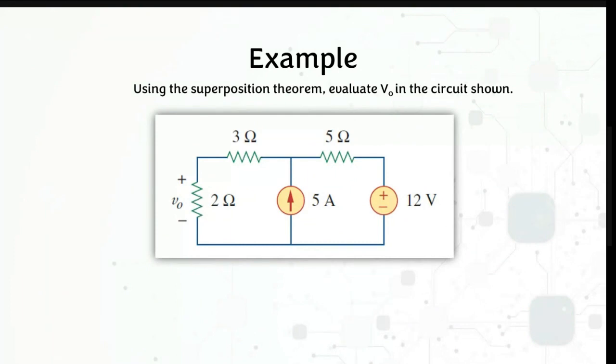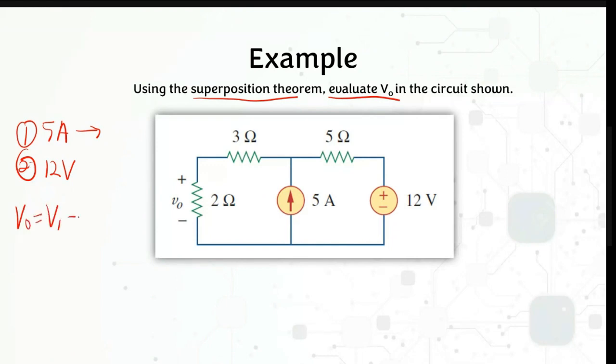For this example, the question asks you to evaluate V naught here. Using the superposition theorem, look at how many sources you have here. You have 2 sources, right? One from the 5 ampere and the second one from the 12 volts. So your V naught is actually coming from V1 plus V2.